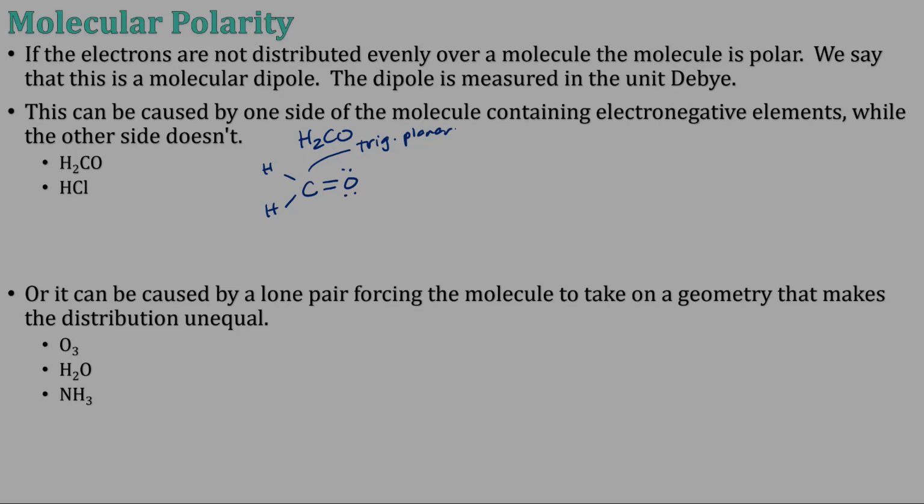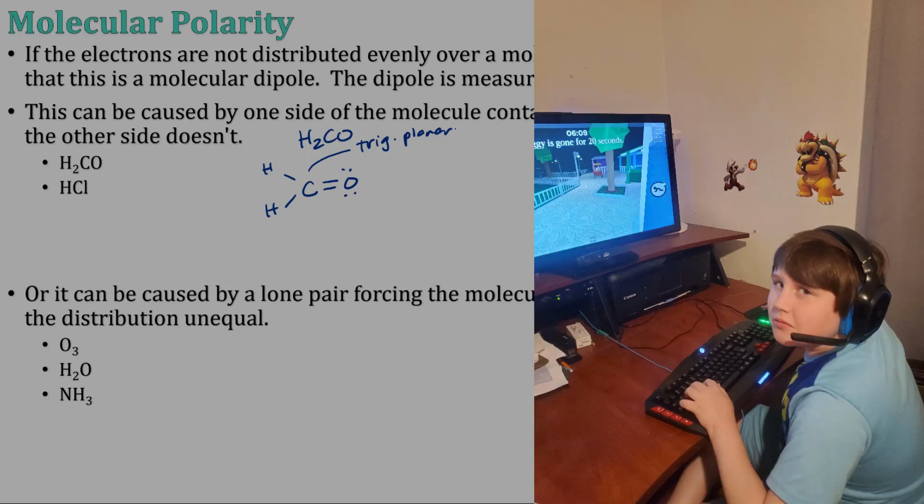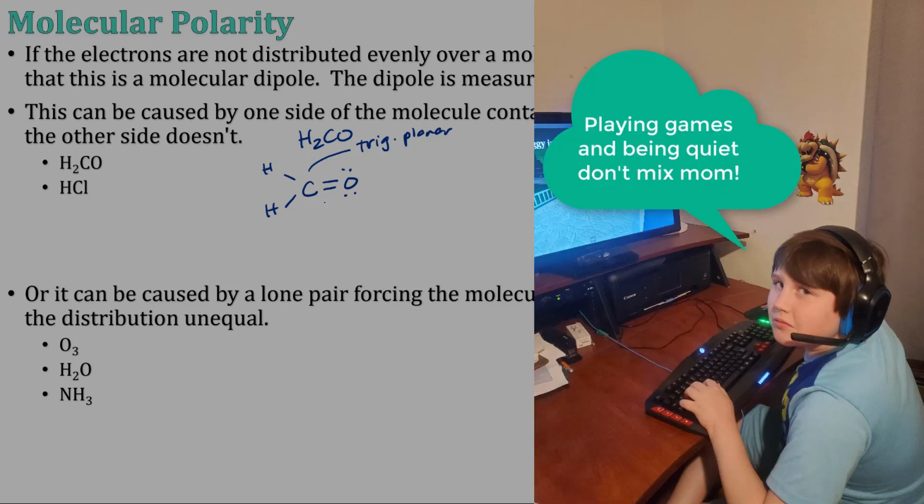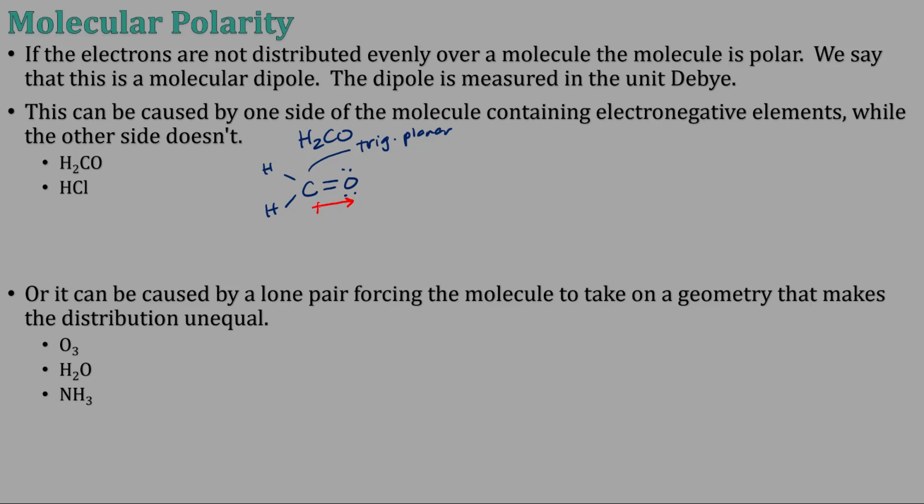But I know that oxygen is really electronegative because it's right next to fluorine. So that means that this bond between carbon and oxygen is pretty polar. The electrons in that bond are being pulled towards oxygen, and so it's going to be slightly negative on this end. That's a lowercase delta. And it'll be slightly positive on carbon's end.